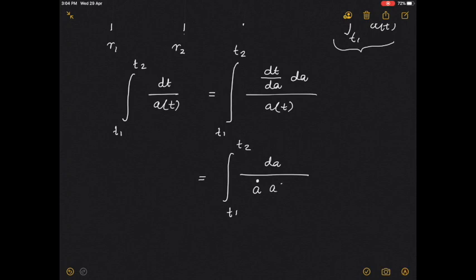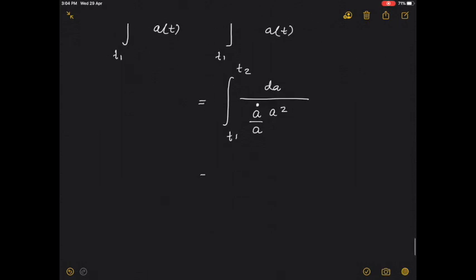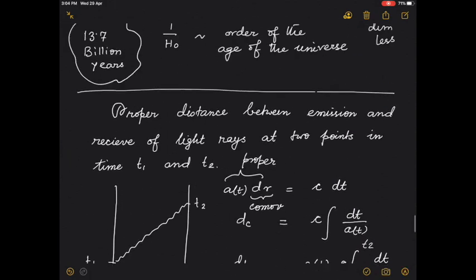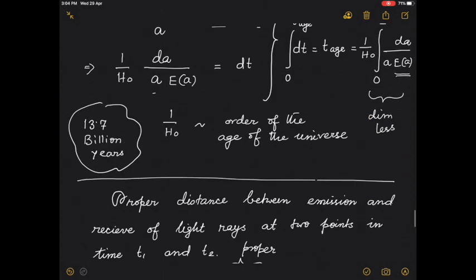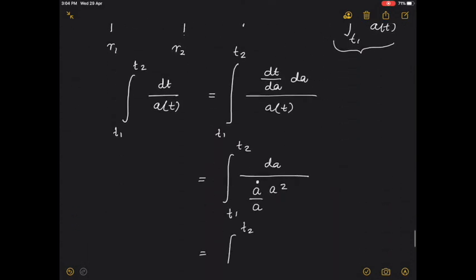This da by dt is a dot, so this is just a dot times a. I can divide this a dot by a, and this becomes a squared times a dot by a. But what is a dot by a? If you go back, a dot by a, which is H(a), is H naught times E(a), where E(a) is the square root of this entire thing.